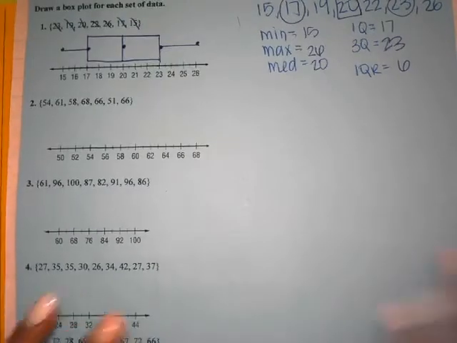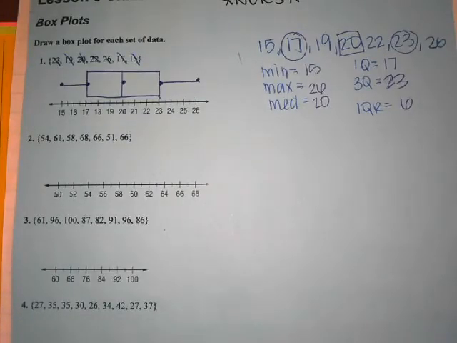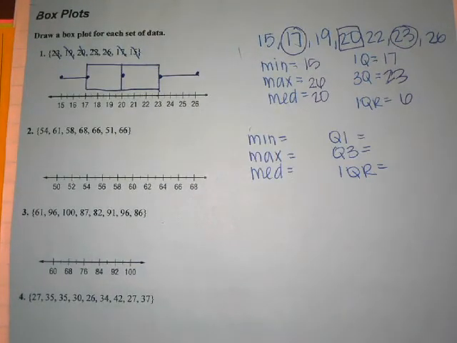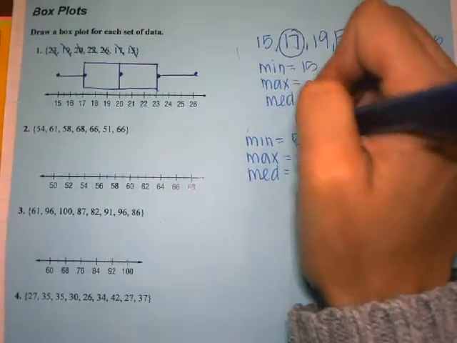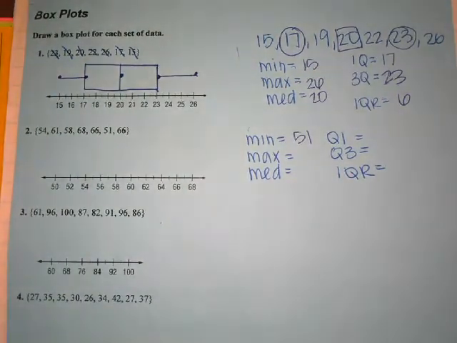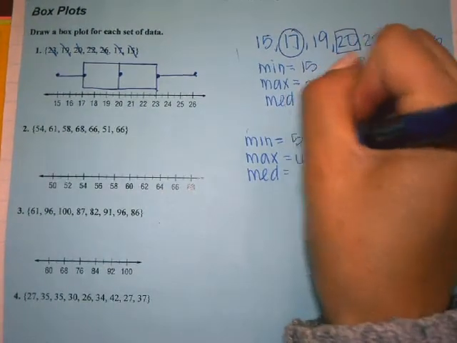Let's do number 2. Do it with your partner, please. Go. Now we know what not. Here we go. Number 3. What's the minimum? 51. What's the maximum? 68.